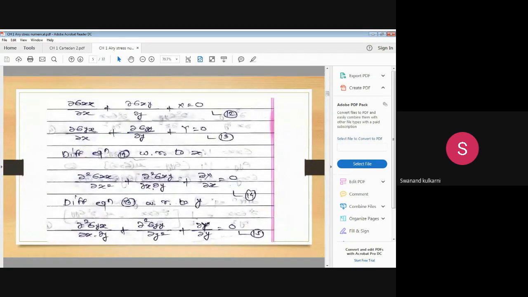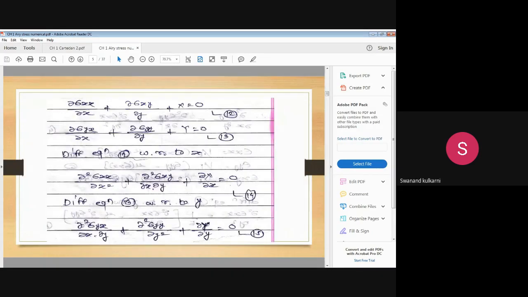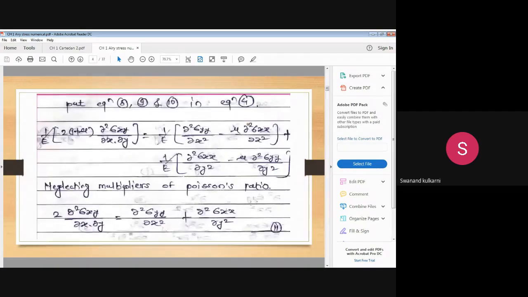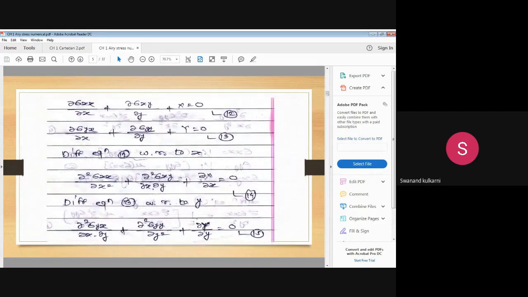Now in this equation number 14, a small rearrangement we are going to do. For that purpose, let us keep the term ∂²σxy/∂x∂y that is present in equation number 14 on one side, and the remaining two terms are transferred to the other side.